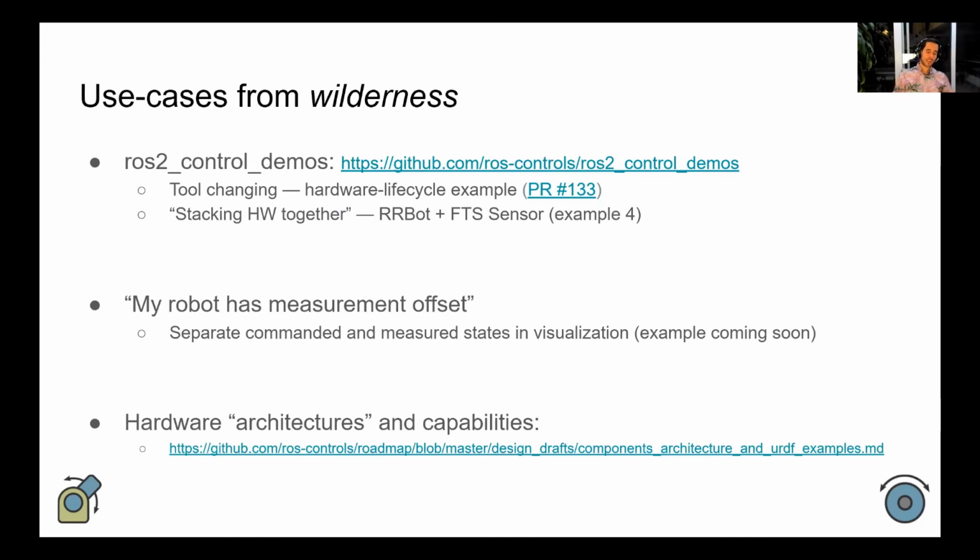Unfortunately, I would like to present them, but I cannot. But they are really cool and they influenced, for example, things we are doing here. One of the things is, oh, my robot measurements have an offset. How do I control this robot? So we also added open loop control in many of our controllers, so that we ignore state measurements, or that we completely separate commanded and measured states in the whole framework, but still they are both accessible.